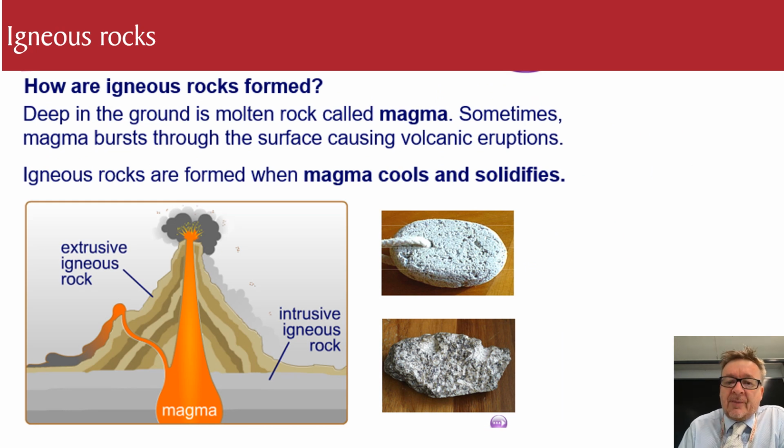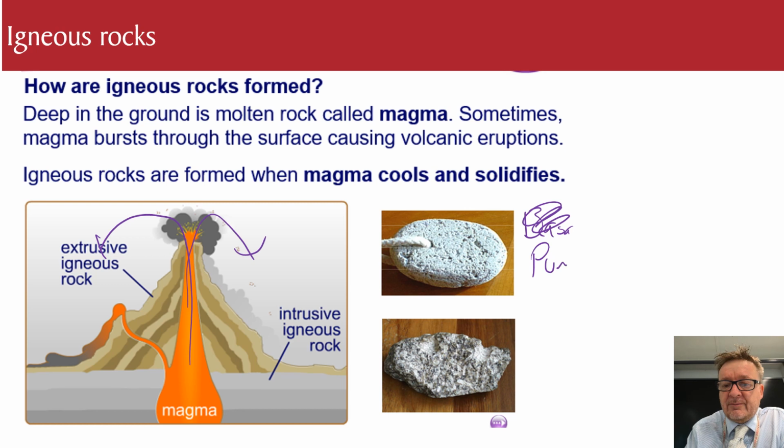Igneous rocks are formed from the magma, when the magma cools and solidifies. When that magma comes out and turns into lava, you get your igneous rocks. Examples: pumice and basalt.